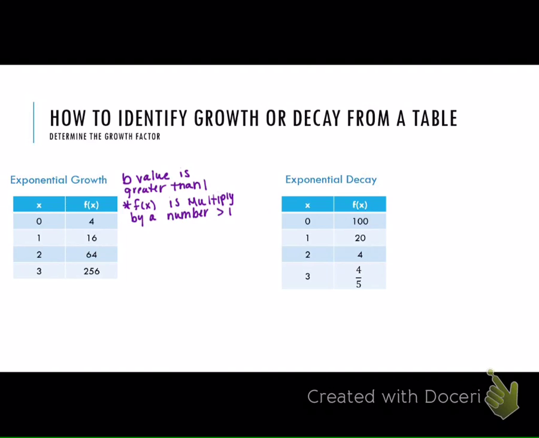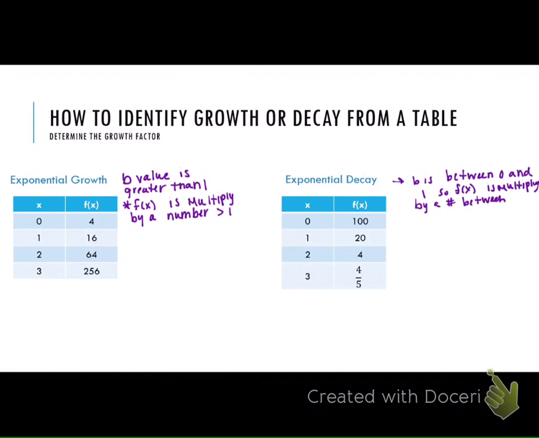In exponential decay, we said b is between 0 and 1. So f of x is multiplying by a number between 0 and 1. And that is going to be considered your b value.